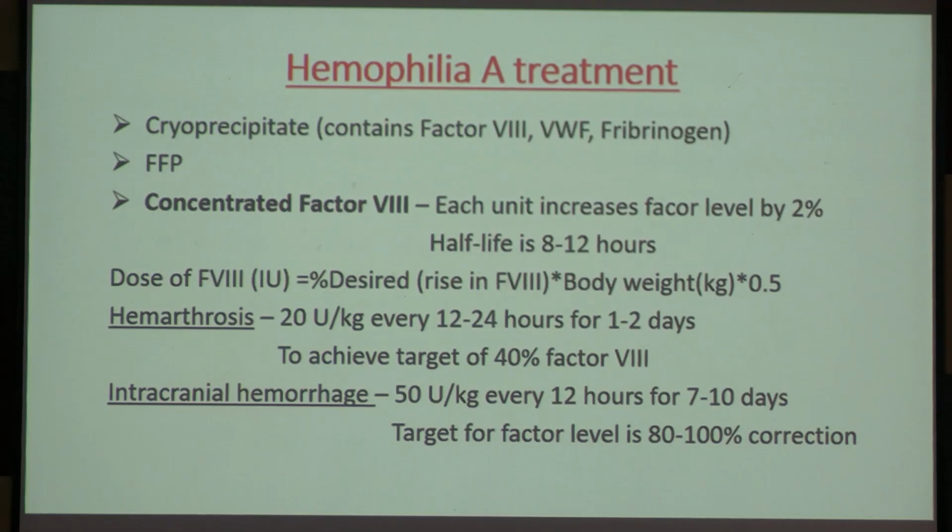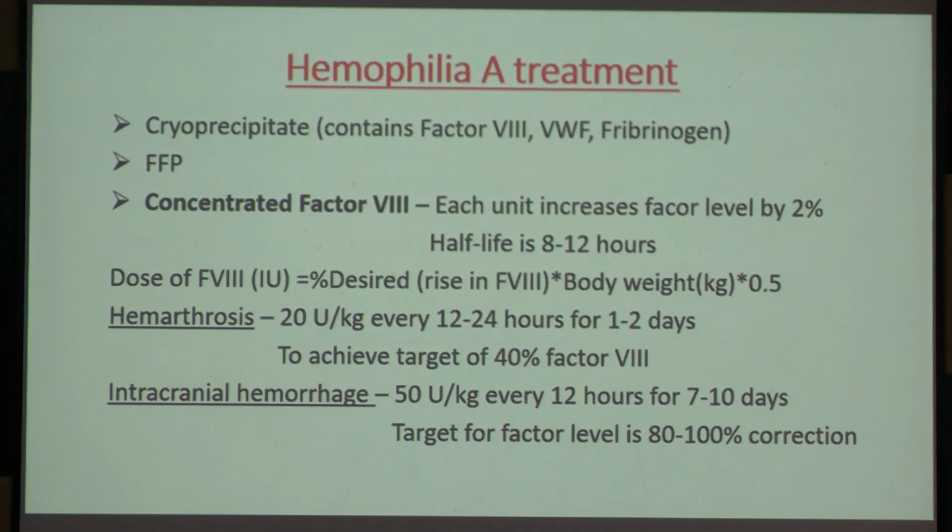Okay. To achieve a target of 40% factor 8. If we achieve the target of 40% factor 8, then it is sufficient to prevent joint bleeds or hemarthrosis. But in case of intracranial hemorrhage, we have to achieve a factor level of 80 to 100%.